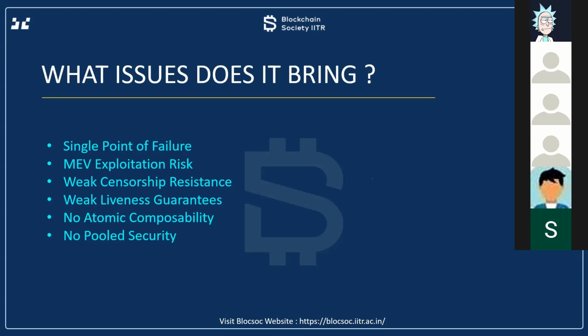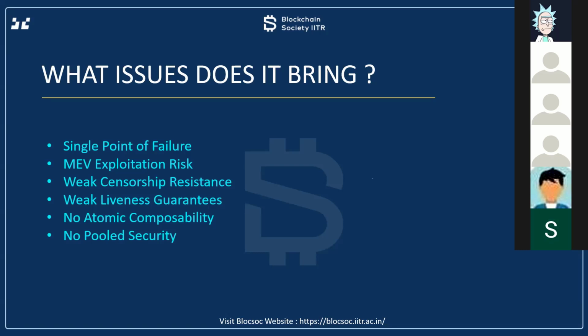There is no atomic composability and no pooled security, because the sequencer is the first step that the transaction has to go through, and now I can't extract the L1 and L2 security, which was the point of creating L2: high throughput, instant finality, but also having the security of the layer 1 chain.